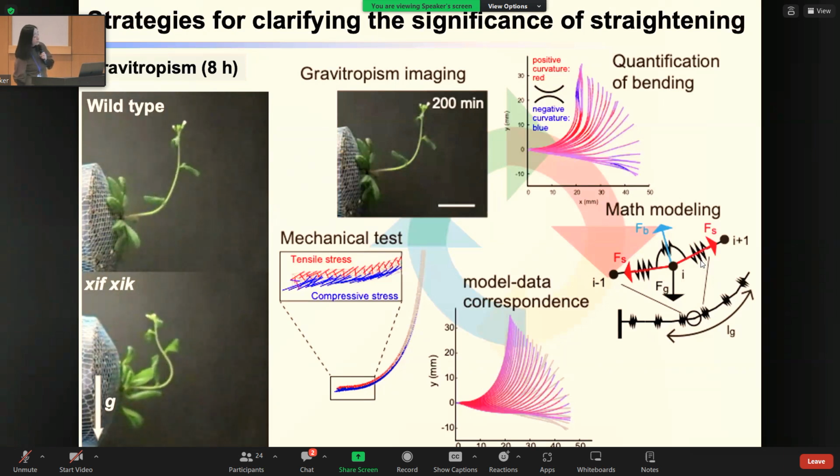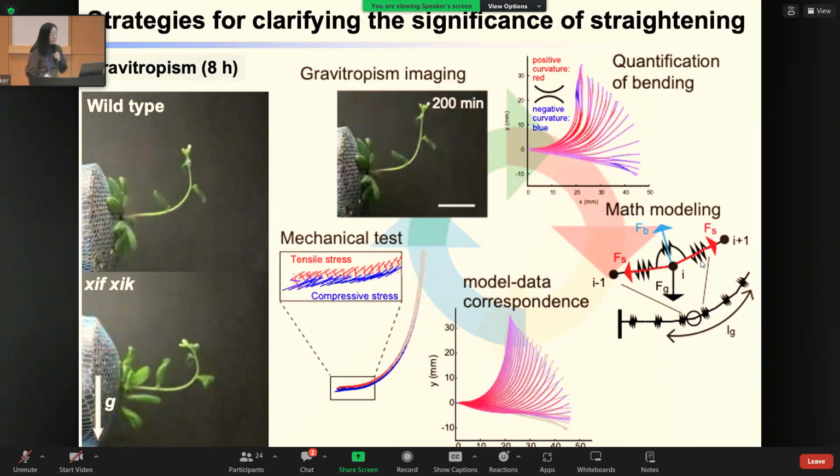In the next step, we constructed a mechanical model using an elastic rod with axial elastic springs and angular elastic springs. The natural length of the axial elastic springs is assumed to be fixed based on data.